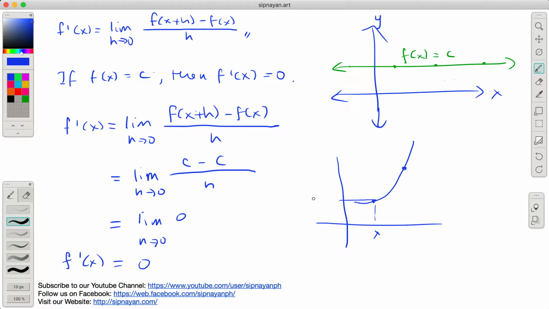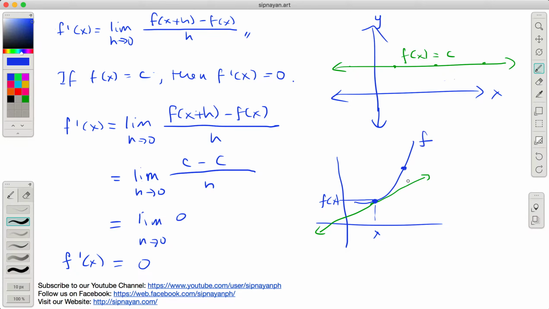So, meron tayong x, meron tayong f of x, and meron tayong tangent line here. And we want to find the slope, di ba? And para mahanap natin yung slope, may problema tayo kasi isa lang yung point. Alala nyo pa din yung discussion na to? So, ang ginawa natin is to approximate by assigning another point doon sa function.